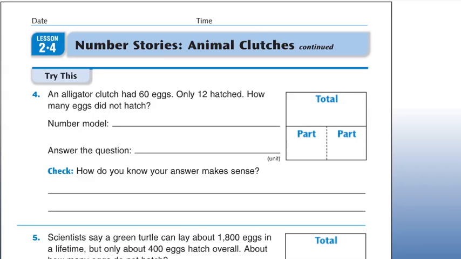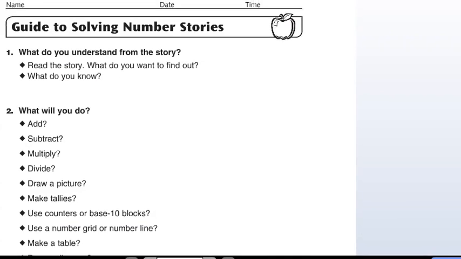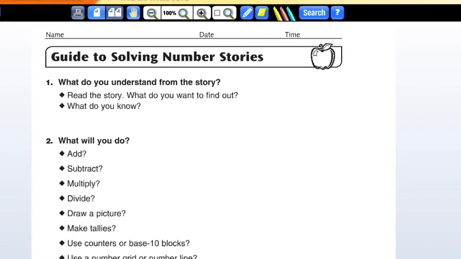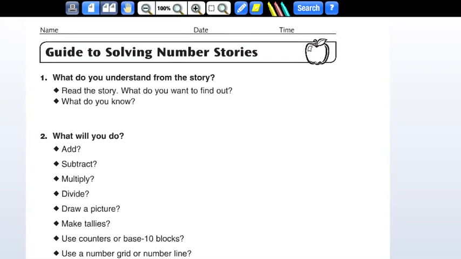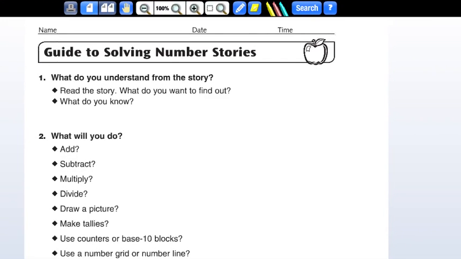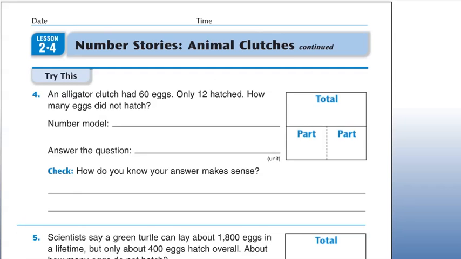All right, so let's go back to our sheet and take a look. Our guide to solving number stories. What do we understand from the story? We read it. What do we want to find out? Let's go back and take another look at it. So an alligator clutch had 60 eggs.